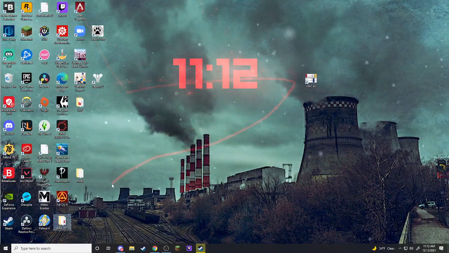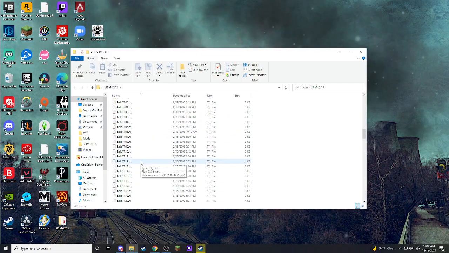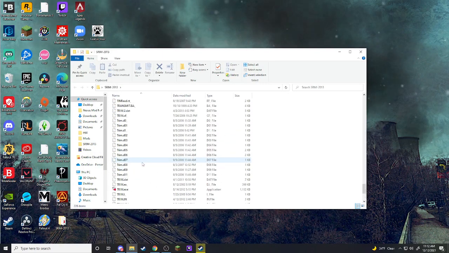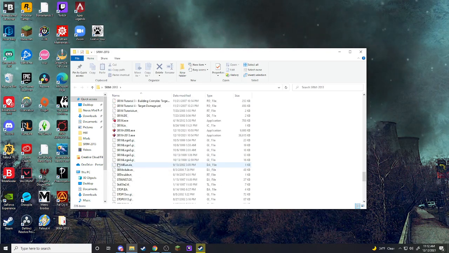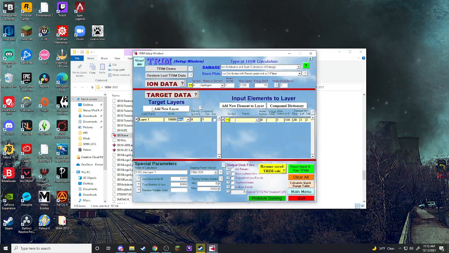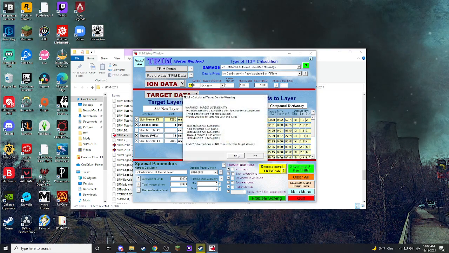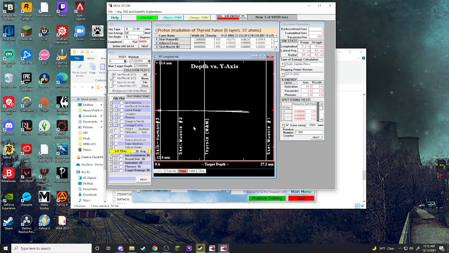Just try to open it back up. Sometimes the range wants to change on me. We'll go back to TRIM demos, thyroid. Okay, there we go.